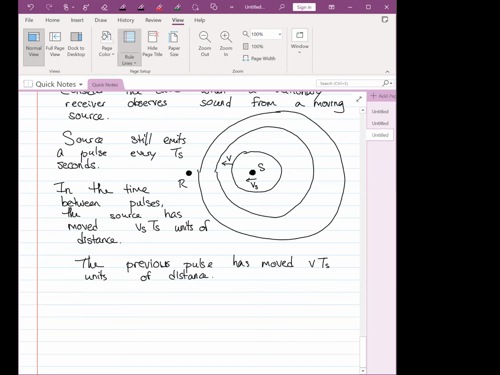The next pulse was released after the source has traveled v sub s times t sub s. So the distance between pulses, which is also known as the wavelength, lambda, is v times t sub s, the distance the previous pulse traveled, minus the distance that the source traveled, because the source gave the second pulse a little bit of a head start. So we can factor this to be v minus v sub s times t sub s.